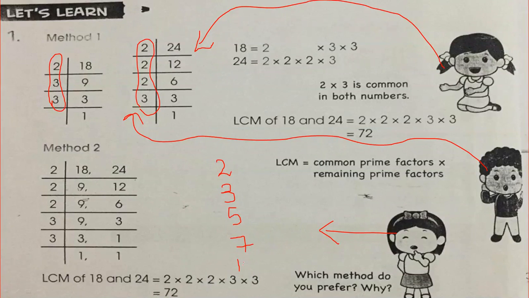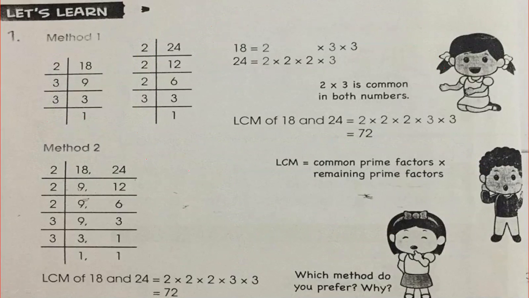I can allow 11. After 11, I can use 13 and so on. We are using those numbers which only come in their own table, because otherwise the ladder will not allow the number to divide.